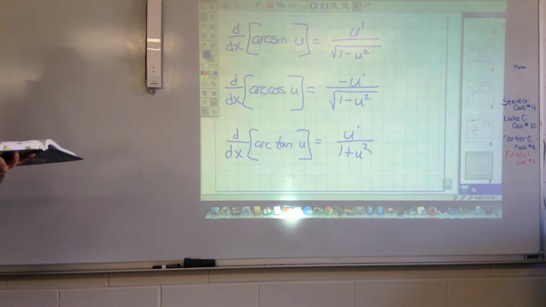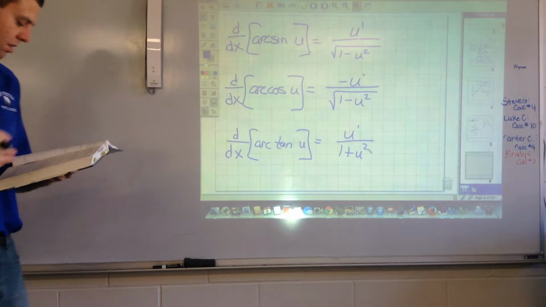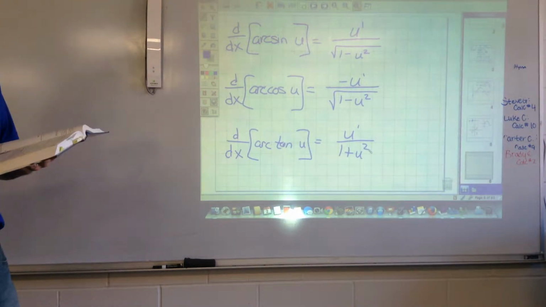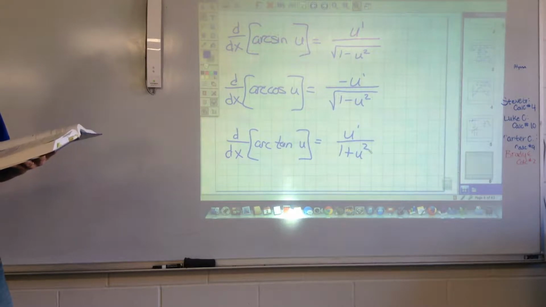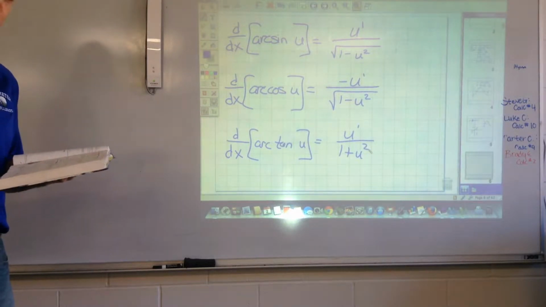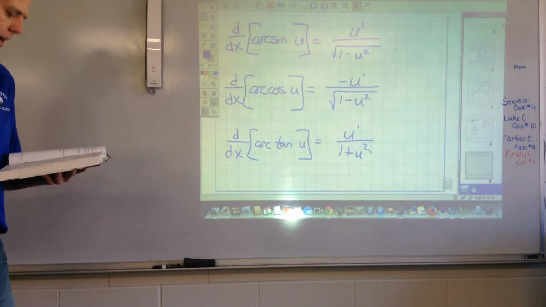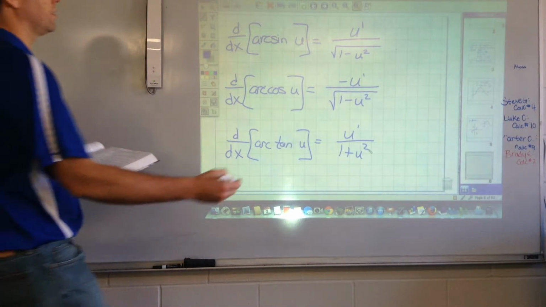Arc cotangent would be pretty easy too. Right off the top of my head, I'm looking at the arc secant and arc cosecant, and I don't quite see the proof mentally, but I haven't given it a ton of thought either.